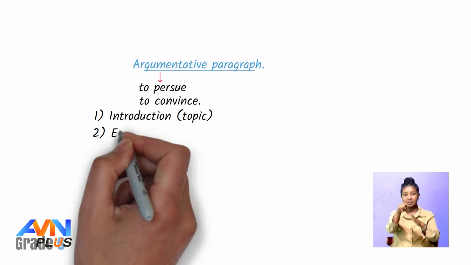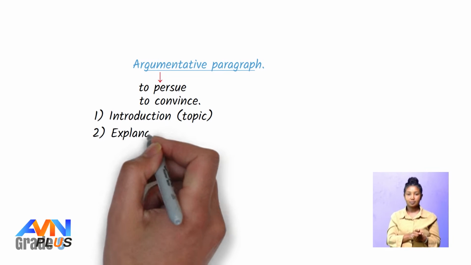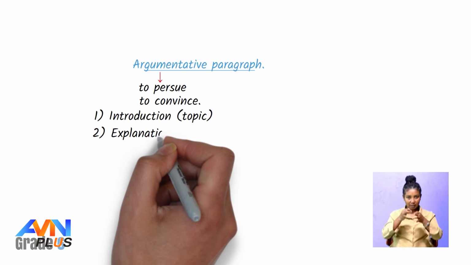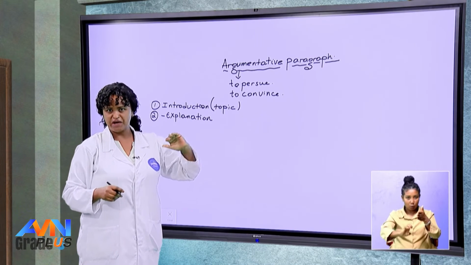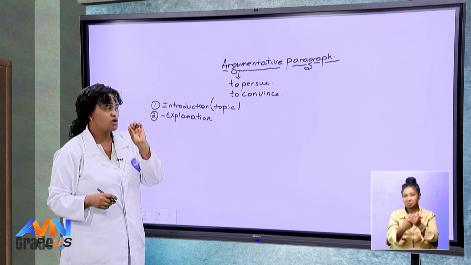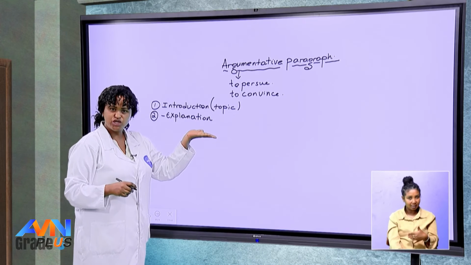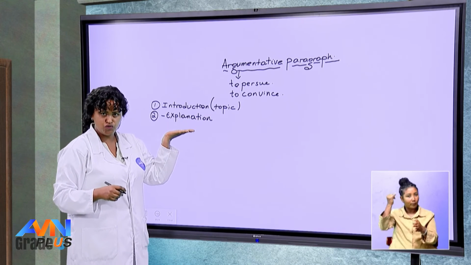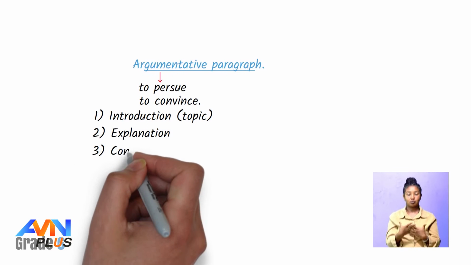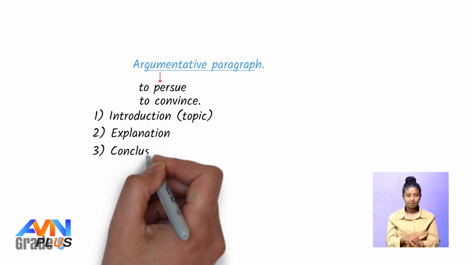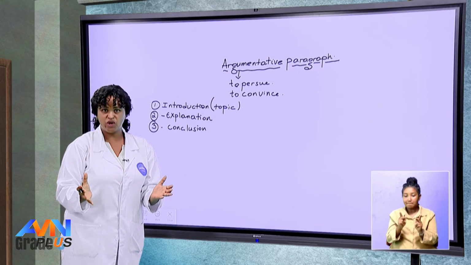You will give explanation, or if it is about essay, we might say body paragraphs, but we are talking about a single paragraph. So in your single paragraph, you will have a topic and then explanation, which come up with opinions that we are going to build out. And the third one, conclusion. These are the common parts of a paragraph that we have seen so far.